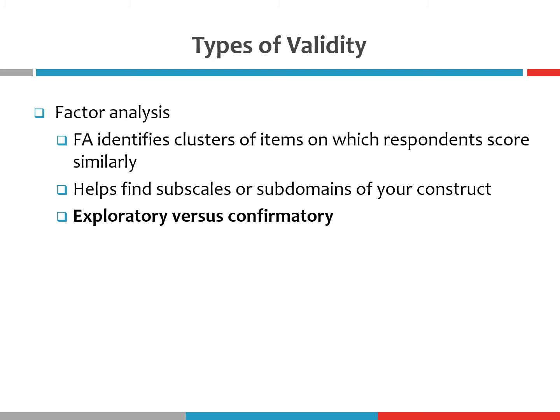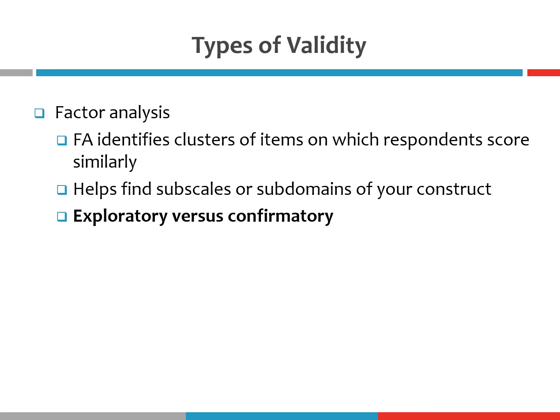So essentially what factor analysis does is it helps you identify particular subscales or subdomains of your questionnaire that respondents are sort of answering similarly to, right? And there's two types of factor analysis.